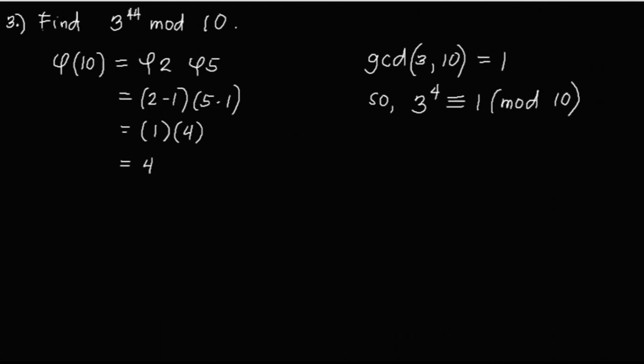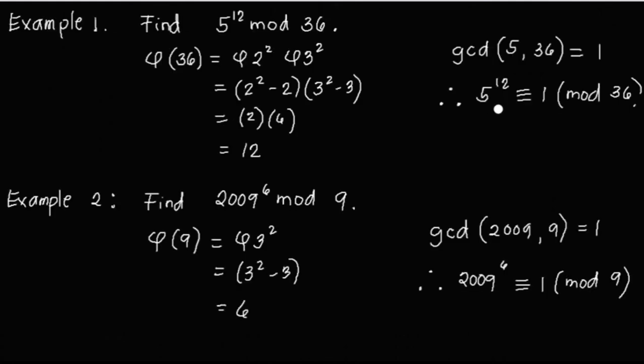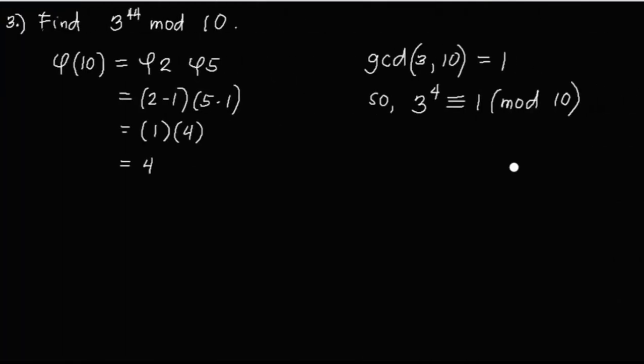So tingnan natin yung pagkakaiba kanina. Sa example number 1 and 2, yung nakuha nating value ng phi of n is the same as the exponent. Kaya nakapag-conclude na kaagad tayo that this one gives a remainder of 1 when divided by a certain value of n. But in this case, this is not the same as this. Okay, so we have to perform more steps, no, to find the remainder.